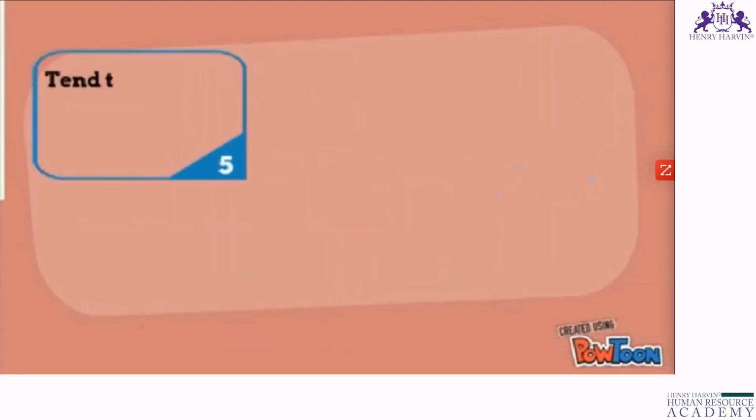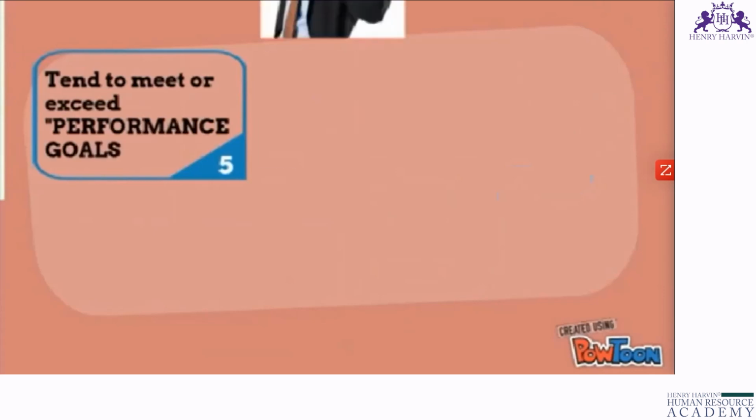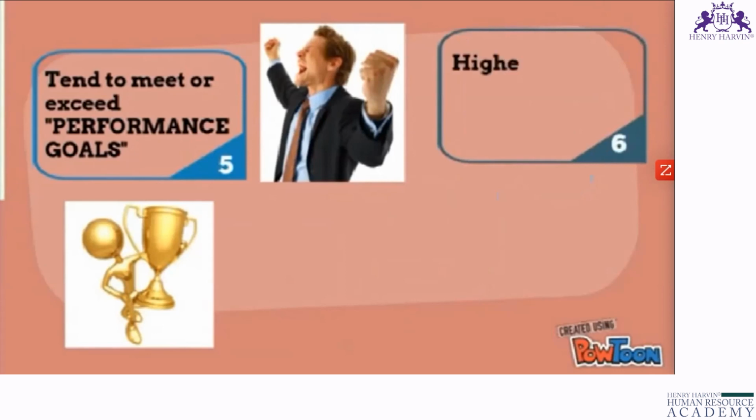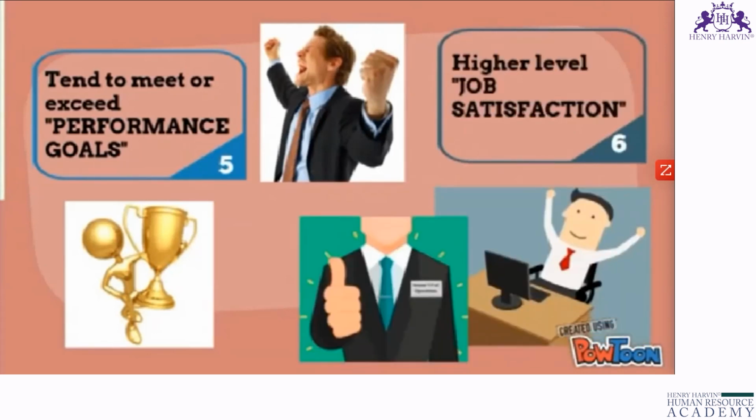Employees who know their managers trust them are more likely to meet or exceed performance goals, have higher levels of job satisfaction and encourage achievement in their co-workers. Managers can support this by giving employees the autonomy to decide how they will do their work in the context of the overall work process.